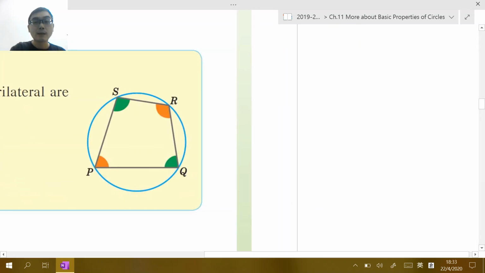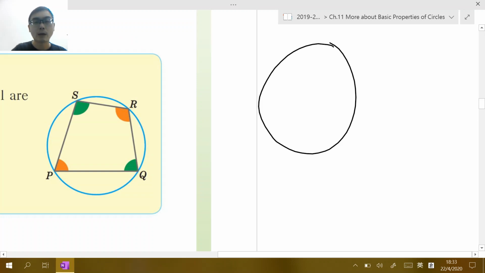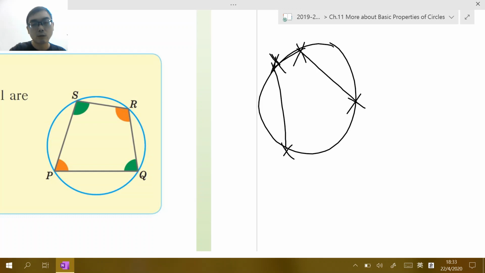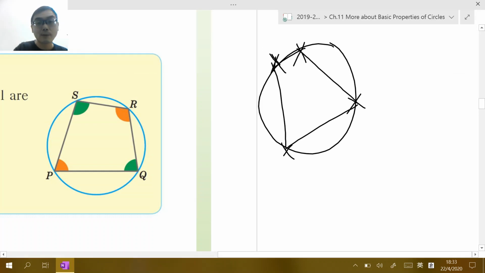What does it mean? Now if I draw another circle, for example, I draw the circle this way, then I randomly mark 4 points. For example, 2 points are very near, and some of the points will be far away, just like this. Then you can draw a quadrilateral. Then for any angle inside, for example this one, you should have the one opposite, that means it should be here.